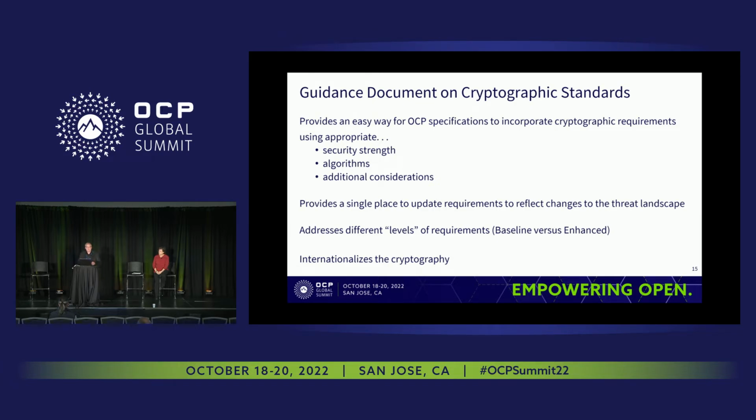Single document, and if you're writing specifications in OCP, you could actually cite that as a requirement. And so part of the checklist that Elaine was just talking about, you get to check the box because you've basically, if you're a C programmer, included the requirements in the crypto specification.